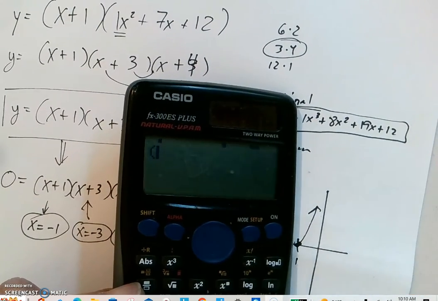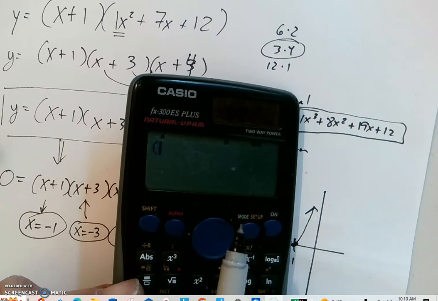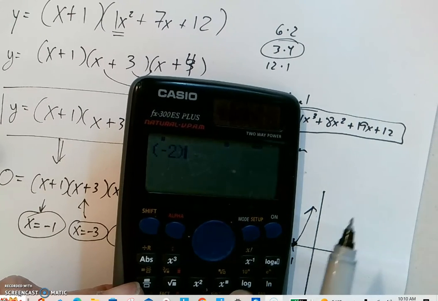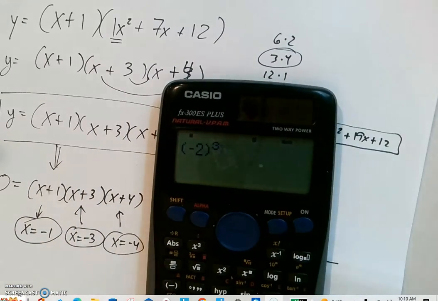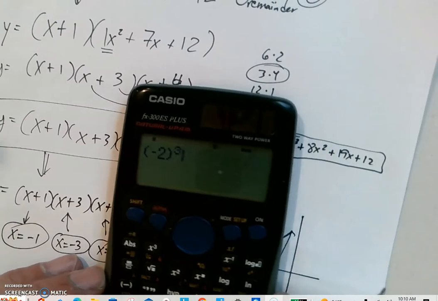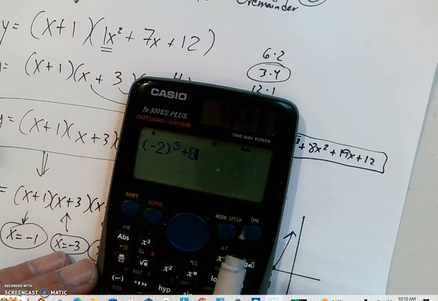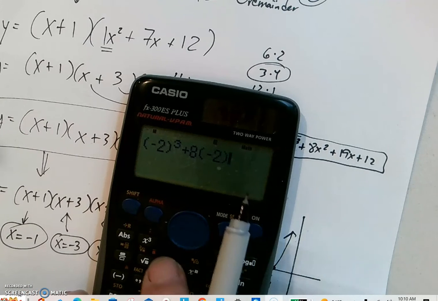So I'm going to use parentheses -2 to the 3rd power. I'll type the whole thing in and you can see it. It's kind of time consuming, and that's why I'm going to show you another method for this eventually as well.